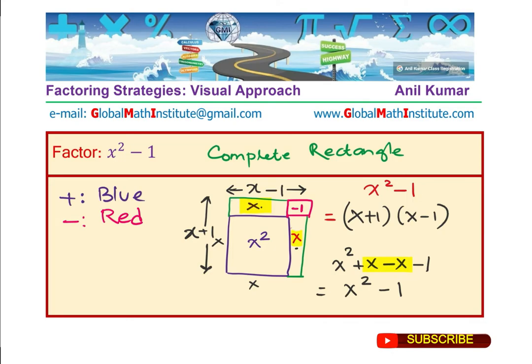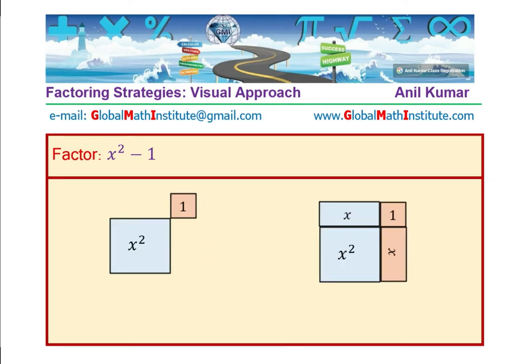So that is the concept which helps us to factor using rectangles. Make sense? Factoring means writing as a product of two expressions, and length and width being two expressions, their product is the area. Perfect?